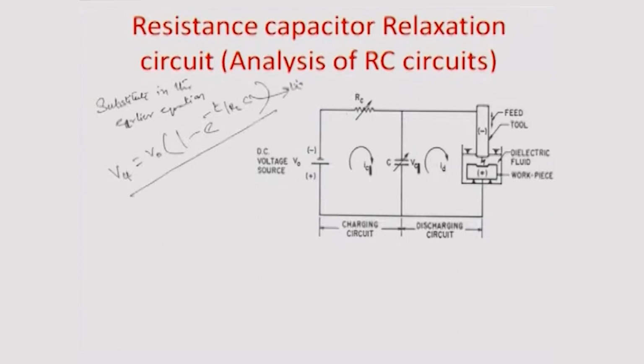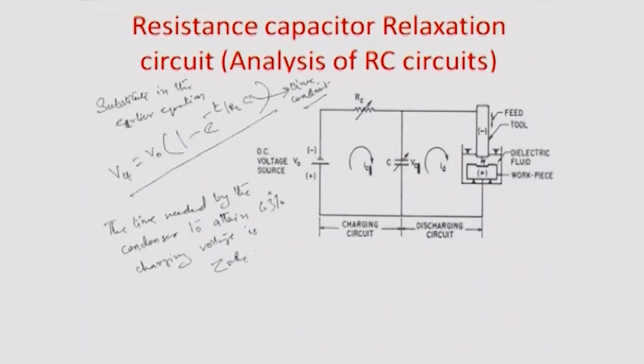So, this RC is called the time constant of the RC circuit, and we also know that the time which is needed by the condenser to attain about 63% charging voltage is equal to RC, right.